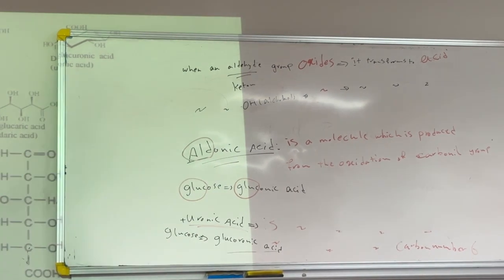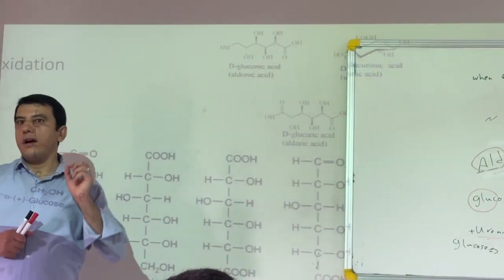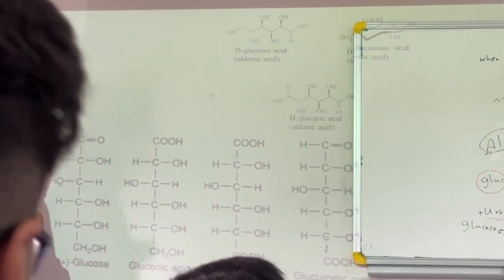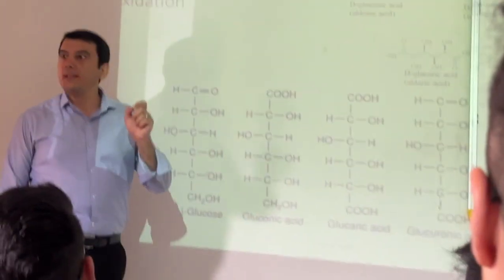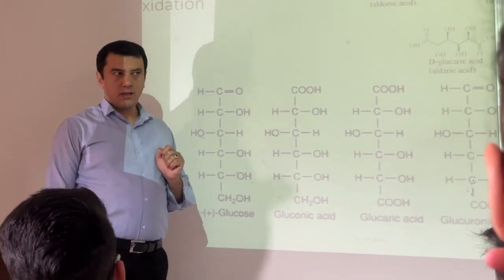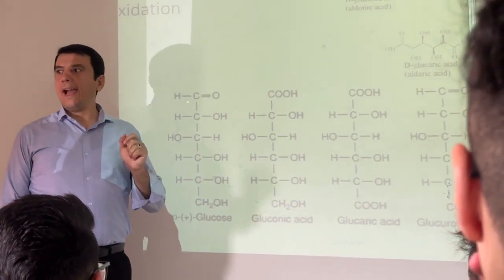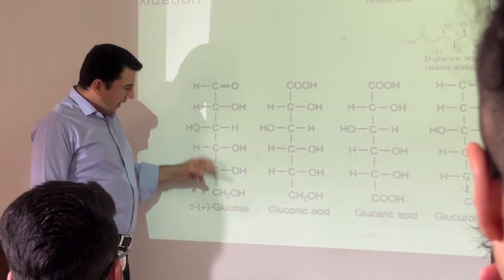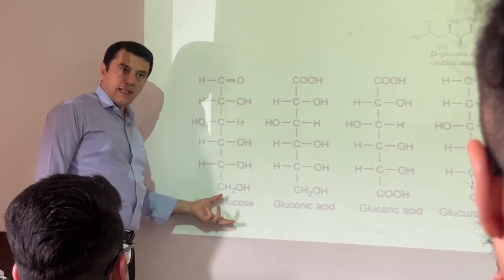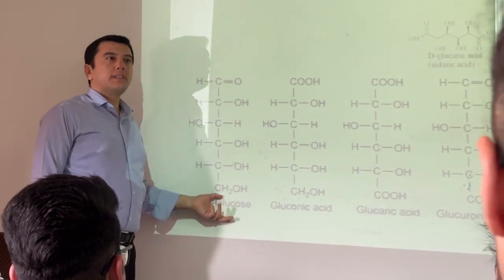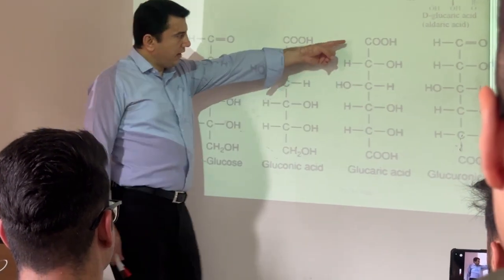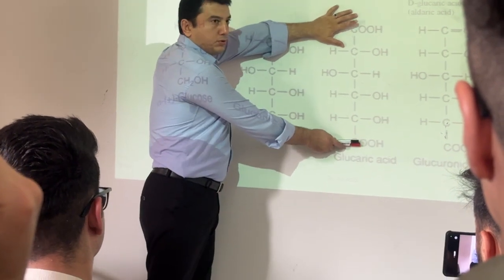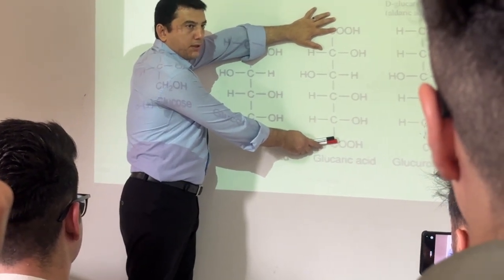And finally, if the reaction conditions are completely rigid, with the presence of acids, both aldehyde and alcohol groups are oxidized, and we have a new molecule with both groups oxidized.